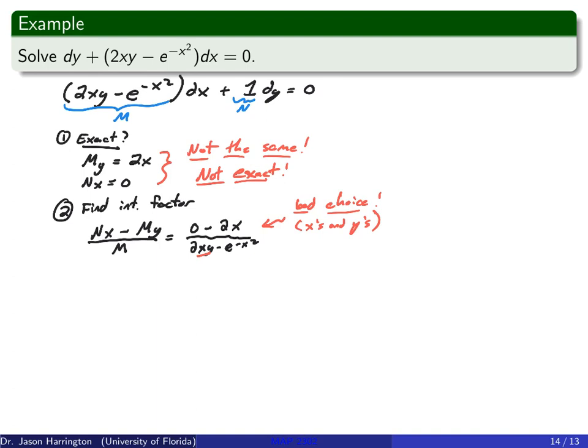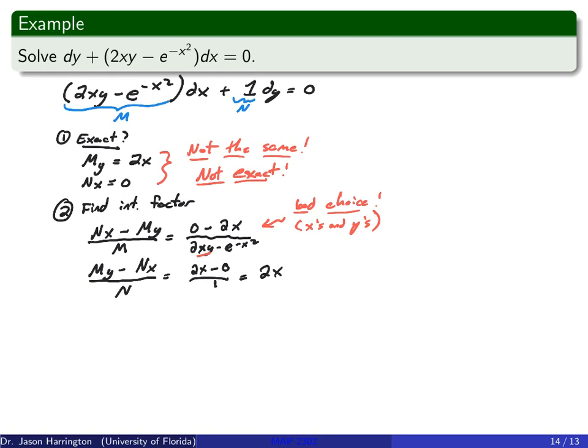All right, this isn't looking good, but let's try the other substitution. The other one is M sub y minus N sub x divided by N. This is a little bit more promising because N is just 1, so that's going to be a little bit easier. The derivative of M with respect to y is just 2x. The derivative of N with respect to x is just 0, and N is just 1, and we get 2x.